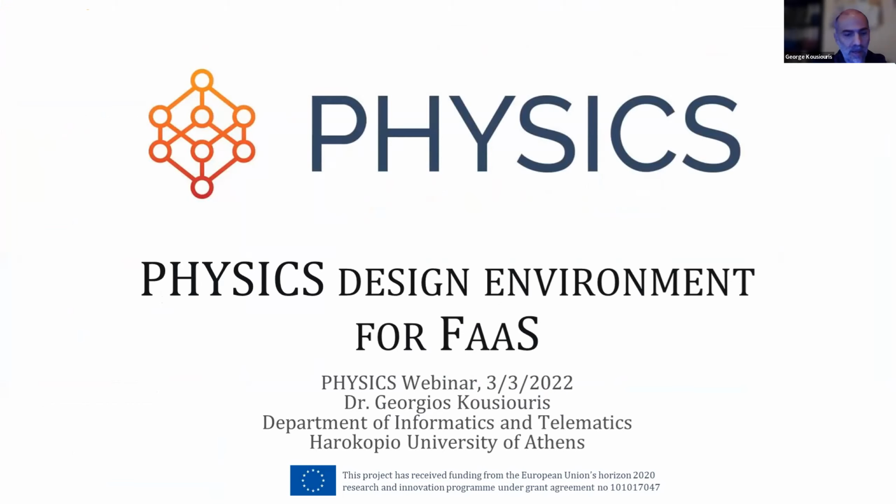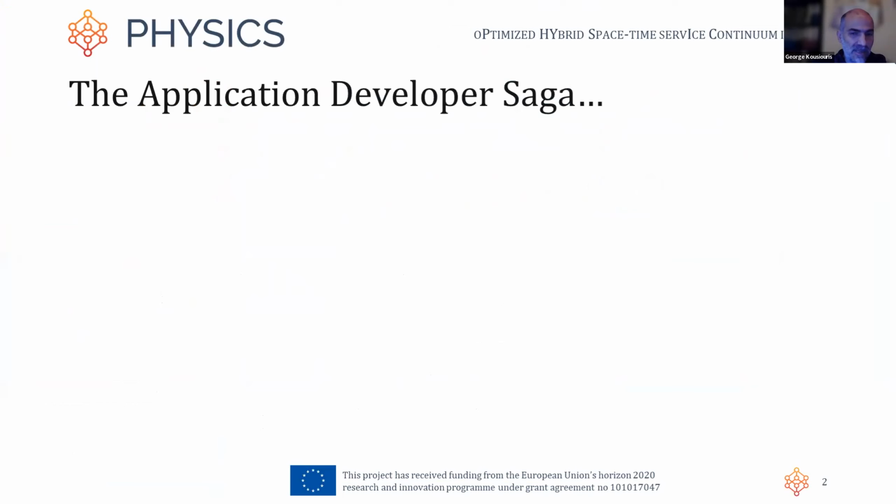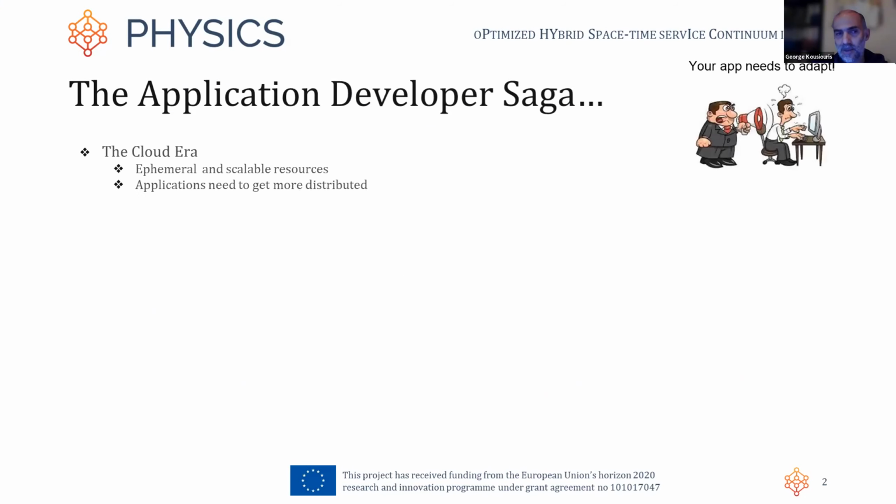And let's start with the motivation, understanding the developers, who in many cases go through, let's say, an endless nightmare. We started initially with the cloud era, with new concepts like ephemeral and scalable resources and the need to distribute more applications.